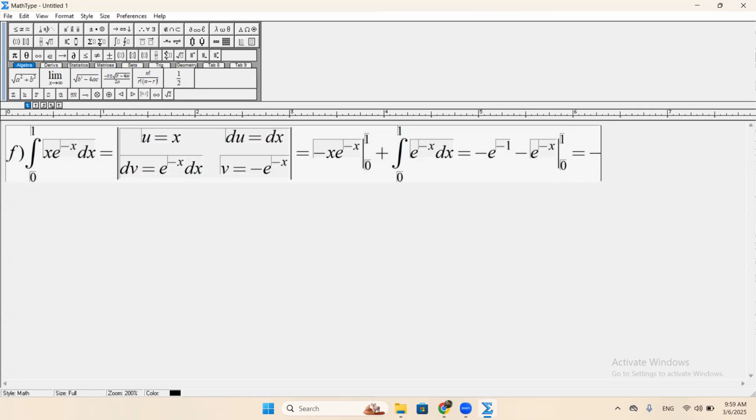So minus e in power of minus 1 minus e in power of minus 1 plus 1. So it equals 1 minus 2 over e. Any questions about this exercise? No questions. Okay, let's move next.